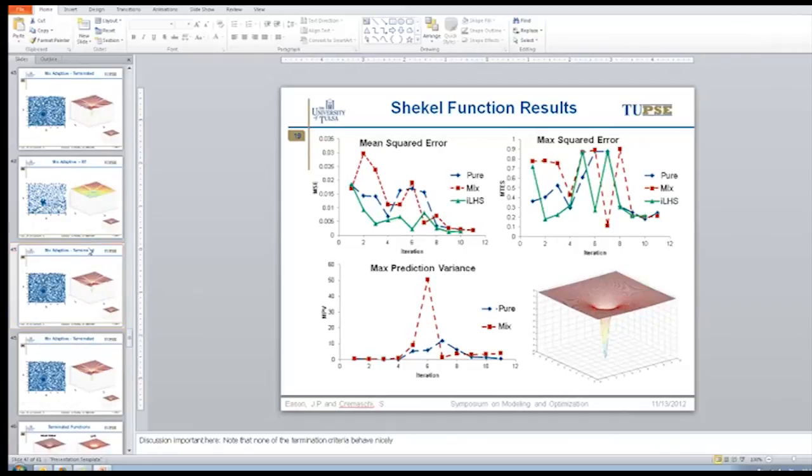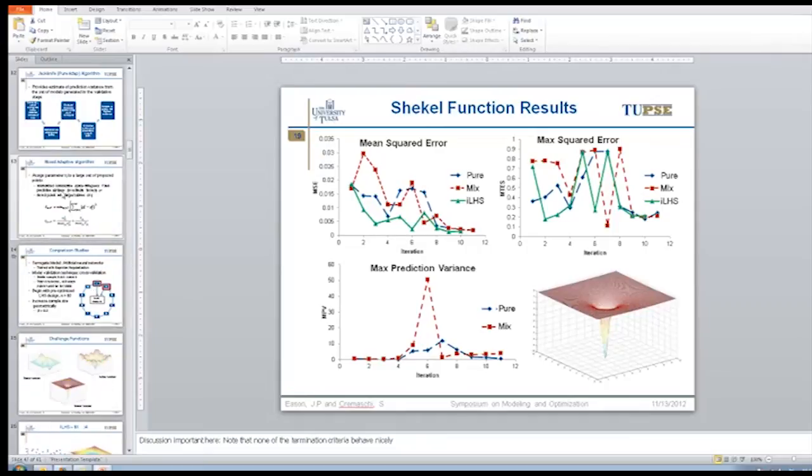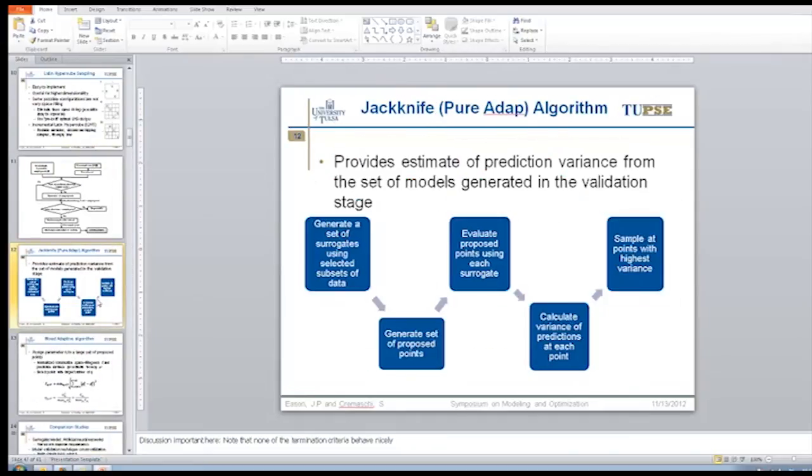And also you mentioned the variance when you're using the adaptive sampling. How exactly do you calculate that variance? We're not exactly calculating it. It's an estimate that we generate with this jackknifing approach here. With some other types of surrogates, if you're using kriging, you can get a more exact estimate. Yeah, I know kriging. That method can predict the variance. Right.